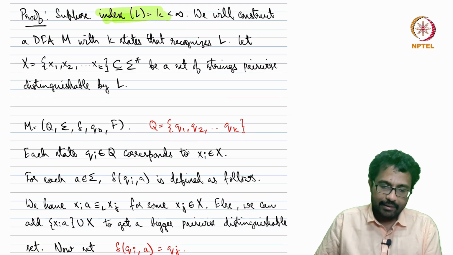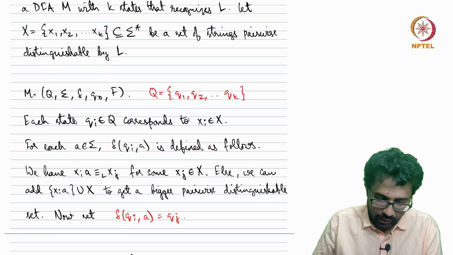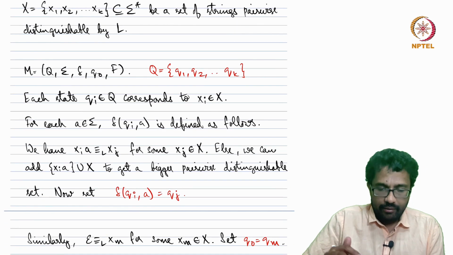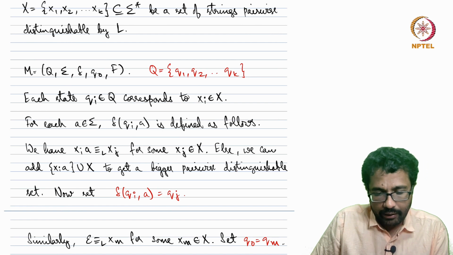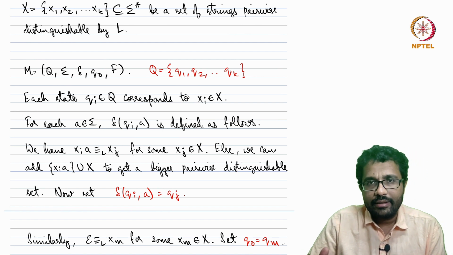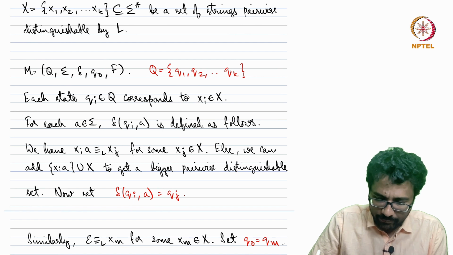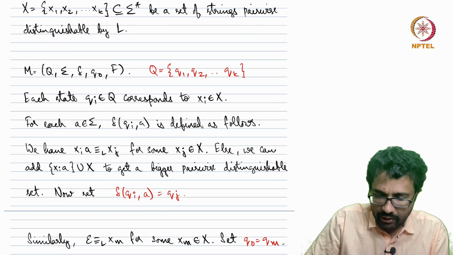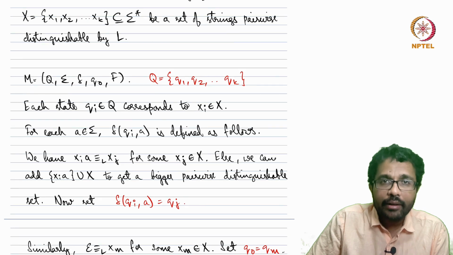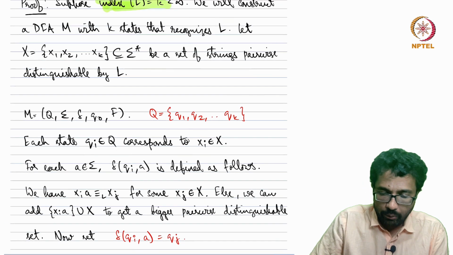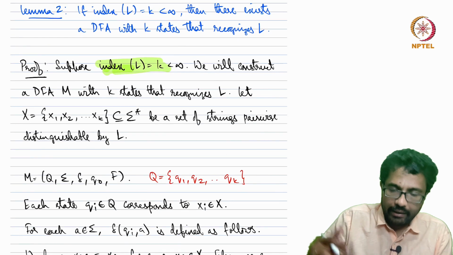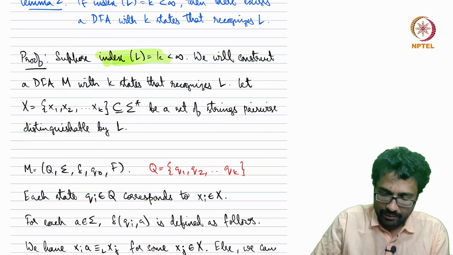So let us construct the DFA. Let M be the DFA with Q, sigma, delta, Q0 and F. Sigma is already known, and Q is the set of states, which are going to be Q1, Q2 up to Qk. There are going to be K states, which is what we want to show: if the index is K, there is a DFA with K states.